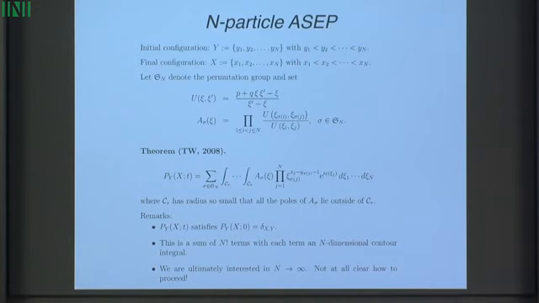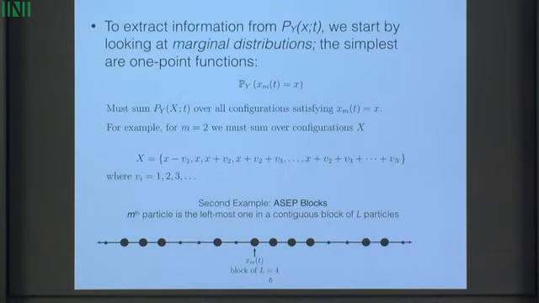Now, there's a lot of information in this transition probability. The difficulty is how do you get it out? Because you got n factorial terms, and ultimately you want to let n go to infinity. So it doesn't look too hopeful at this point. So to extract some information from this, we're going to look at some marginal distributions.